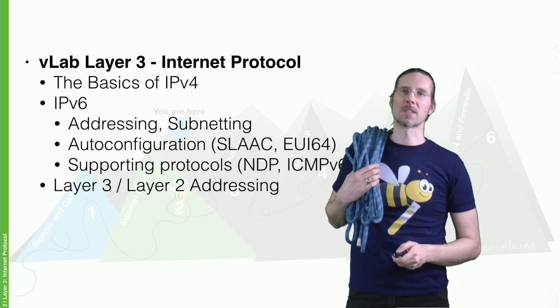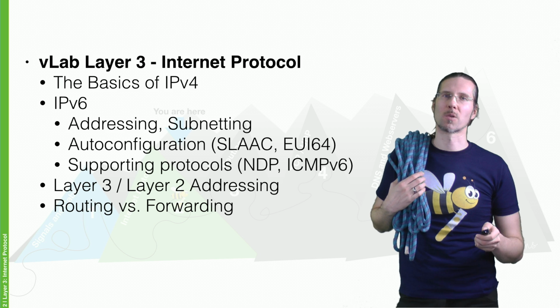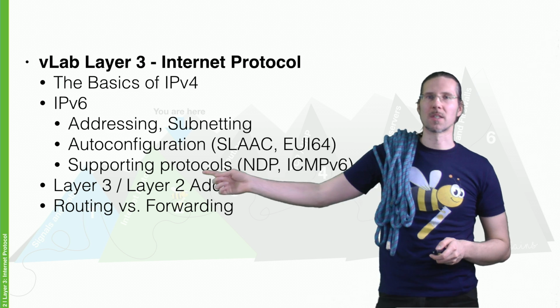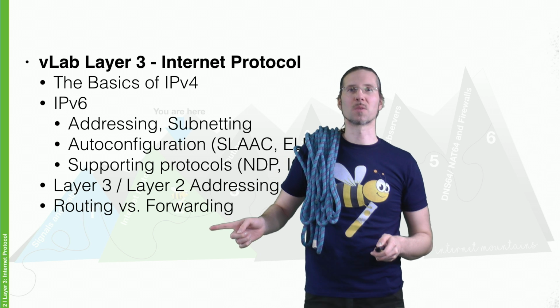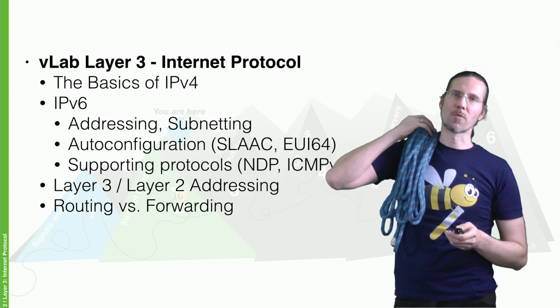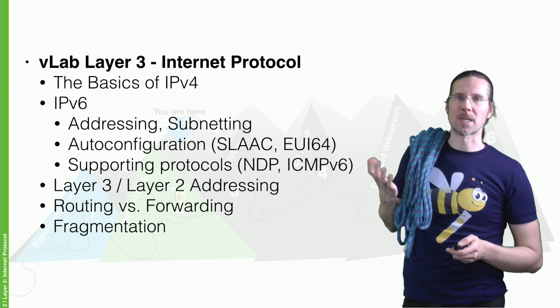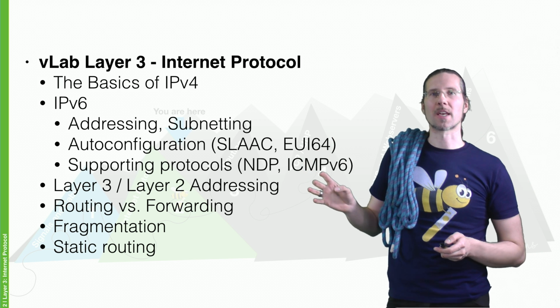So we looked at the differences in the addressing I was talking about before. We looked at routing versus forwarding, which I was talking about before, namely this one being exchanging where to send something, and this one then using this information to take the decision where the actual packet should be forwarded. We looked at the fragmentation, and we also looked at the static routing.